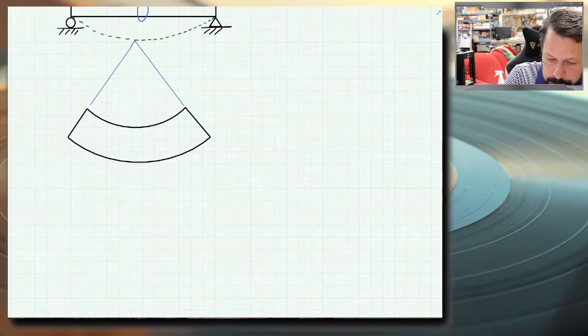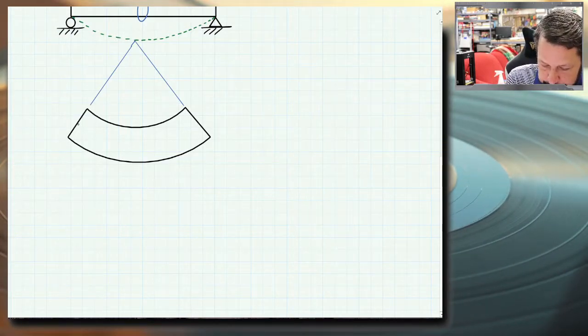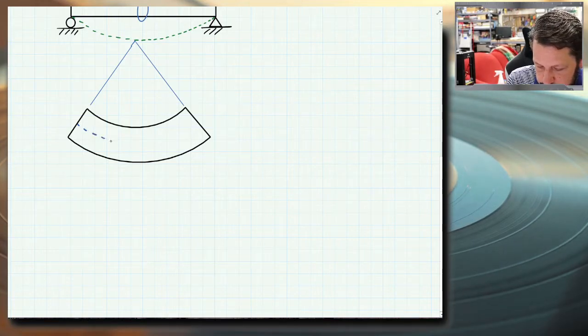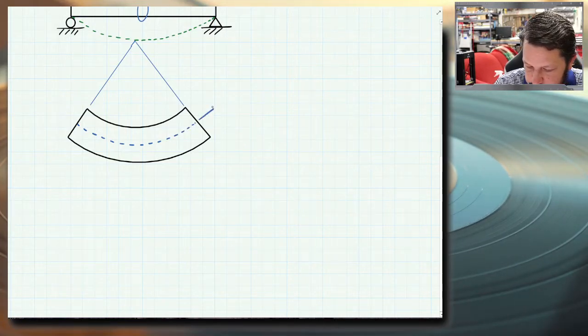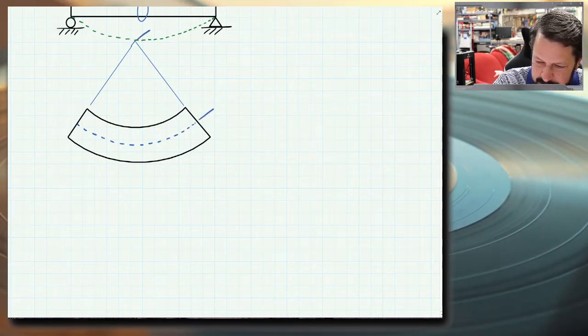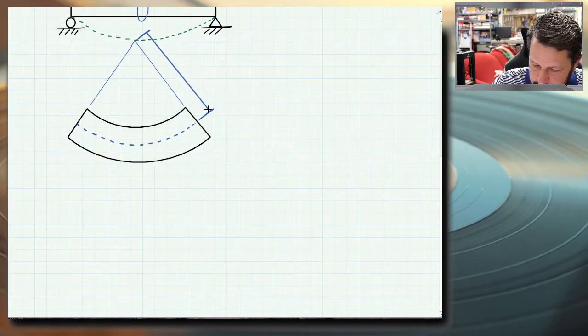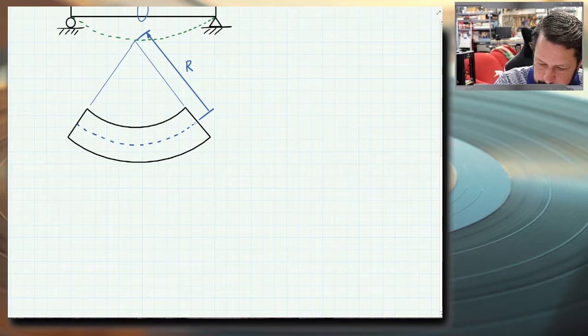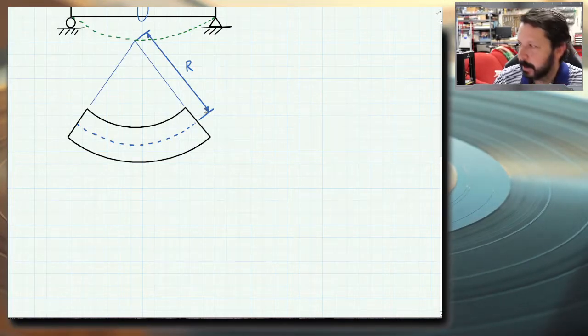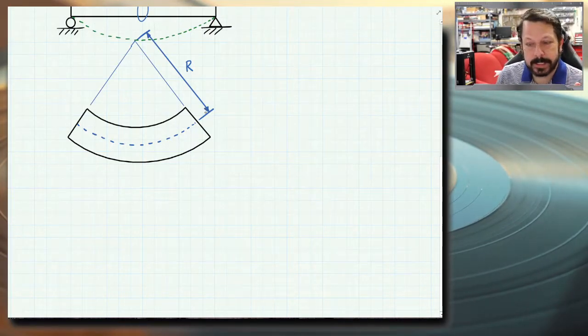So let's put a neutral axis in here somewhere, kind of through the middle. And from here to here, this distance, we're going to call that R. And R is called the radius of curvature.